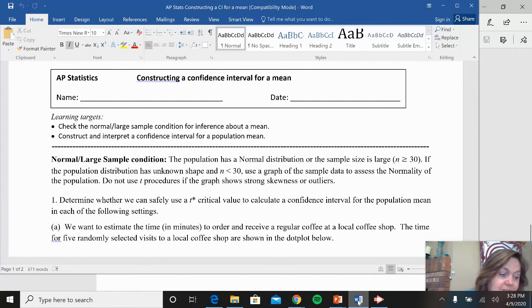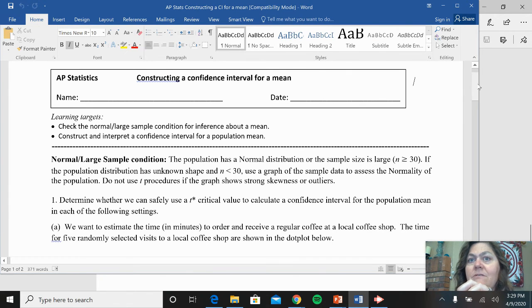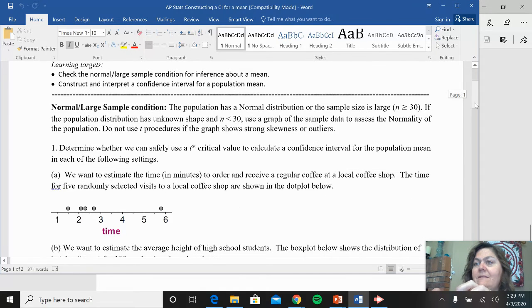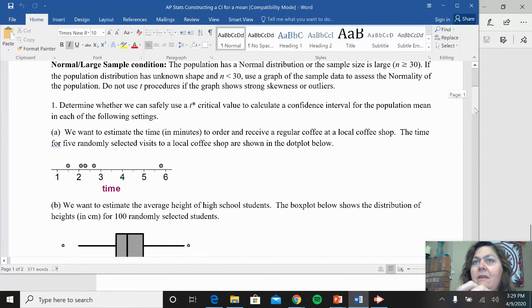What I'm going to ask you to do is, based on the last screen I just gave you, read through these different scenarios on this worksheet and determine, it asks you here, determine whether you can safely use T star or not. Sorry, let's get this good. Okay.